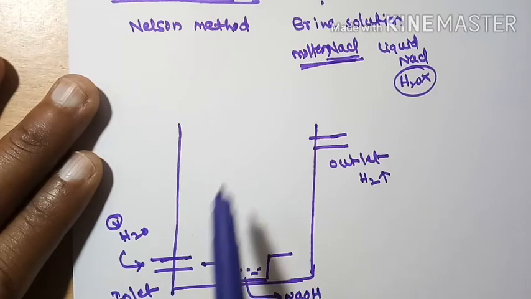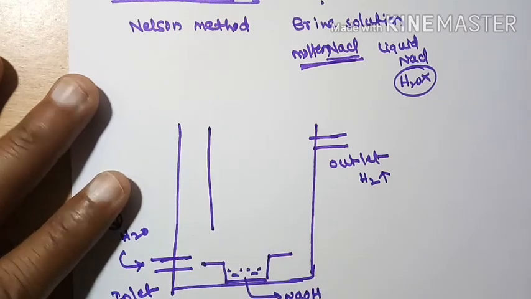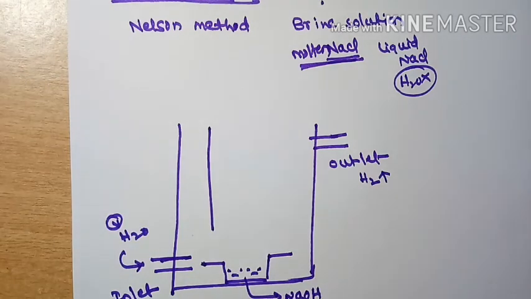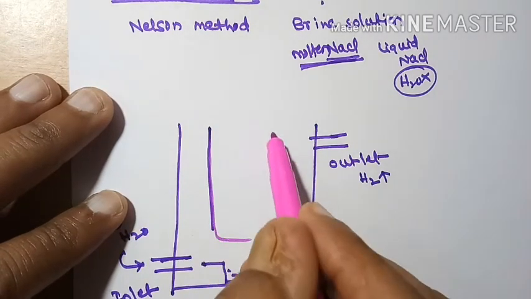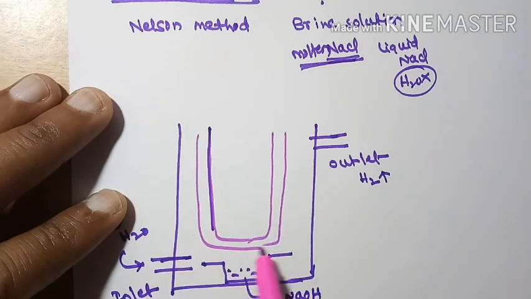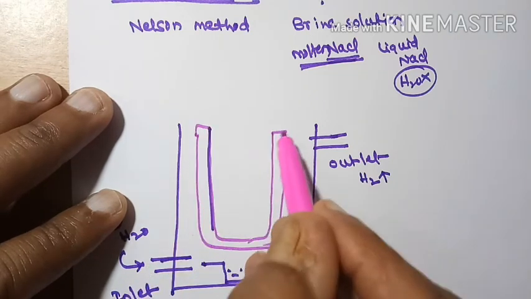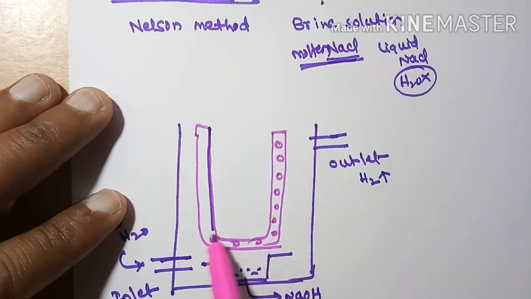After this, I am taking a U-shaped perforated asbestos tube. Perforated tube means it has small holes.